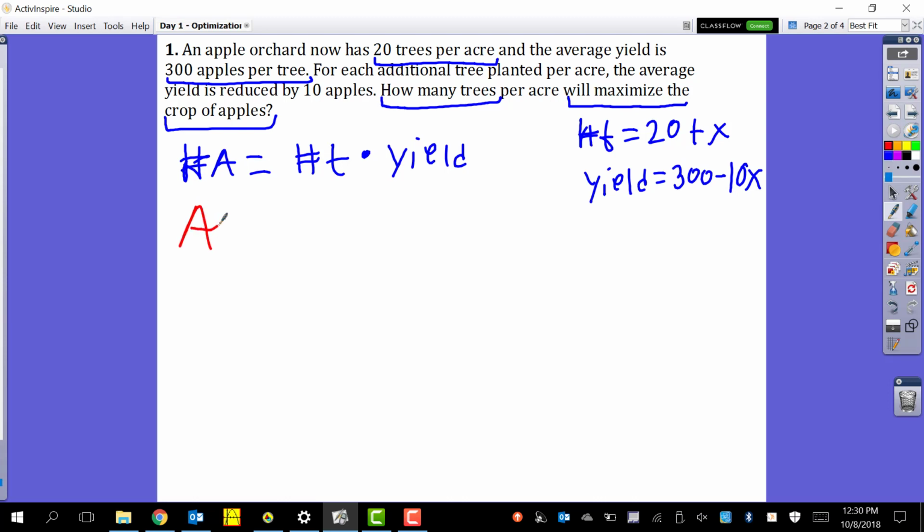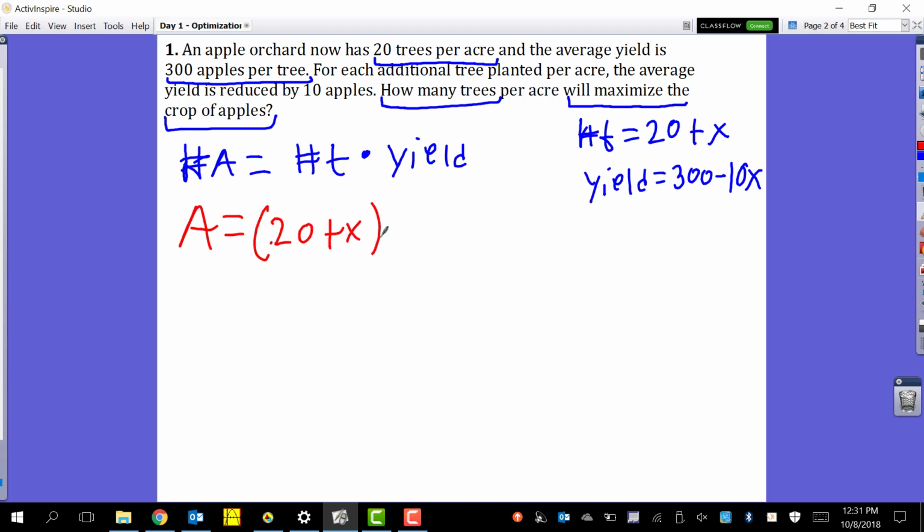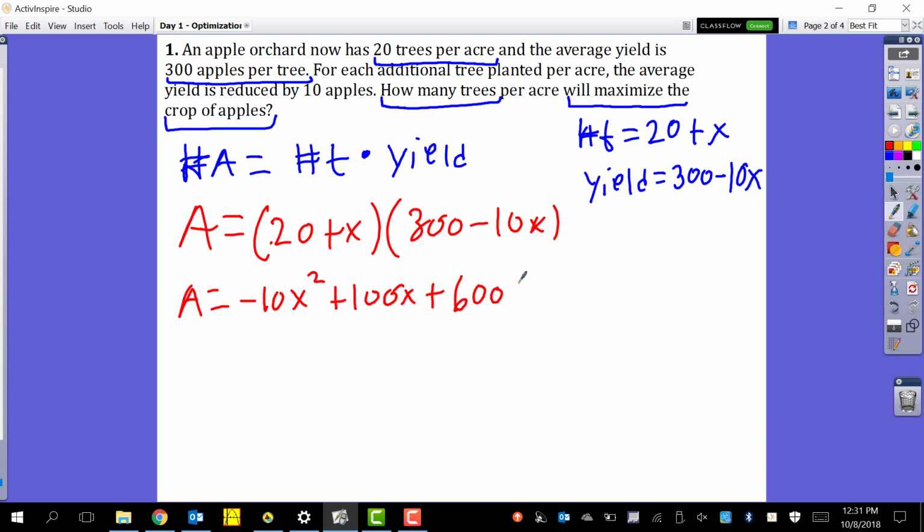So this is going to be the equation we're working with. So our number of trees was 20 plus x, and then our yield was 300 minus 10x. We're going to simplify this down, and we end up getting negative 10x squared plus 100x plus 6,000.